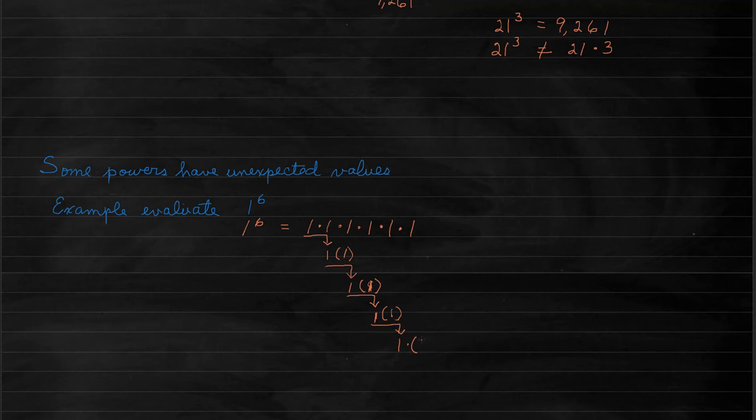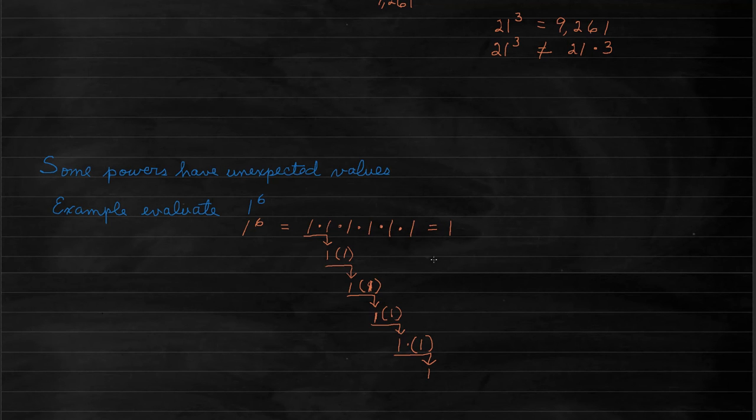Times the 6th one, another 1. If you were thinking that this ought to give me a 6, then you would be incorrect. 1 to the 6th power is not 1 plus 1 plus 1 plus 1 plus 1 plus 1. It's 1 times 1 times 1, and so on. And if you do the multiplying, you will simply get a 1.